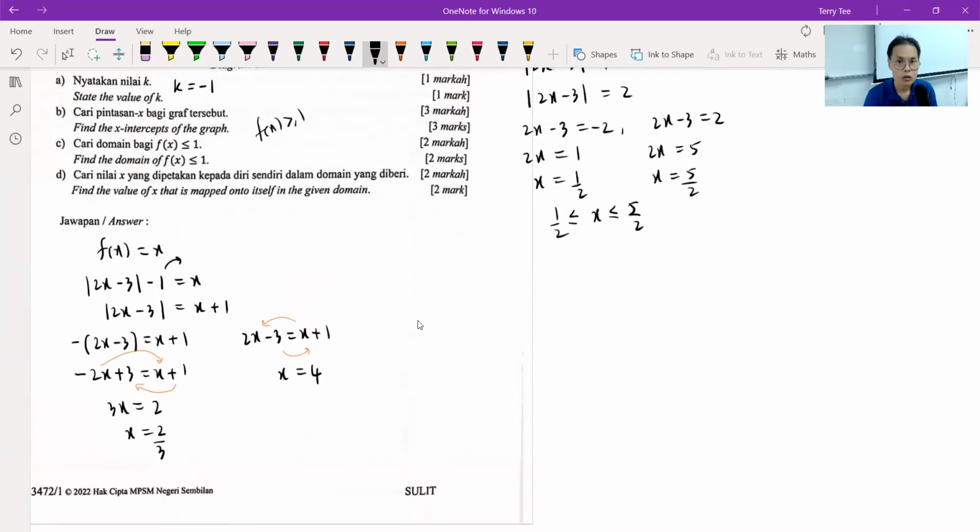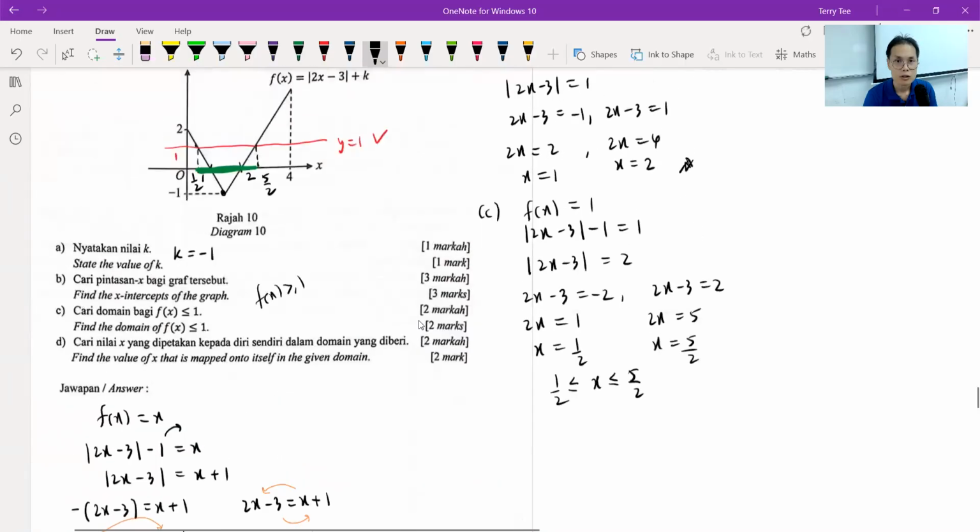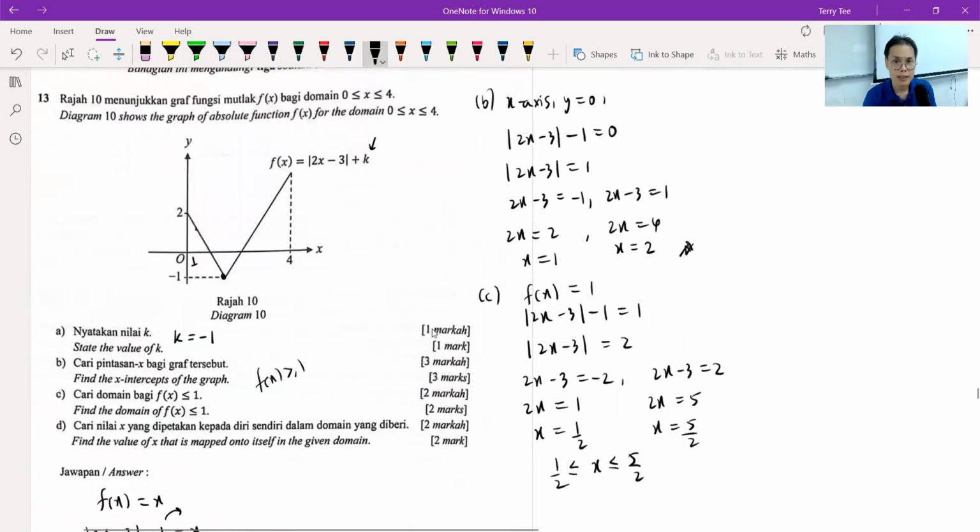Now look at your graph here. 2 over 3 and 4, they're all well within this domain. Maybe I show you here. If you draw a second graph of y equals x, it should be a graph like this. You notice there are 2 points of intersection.